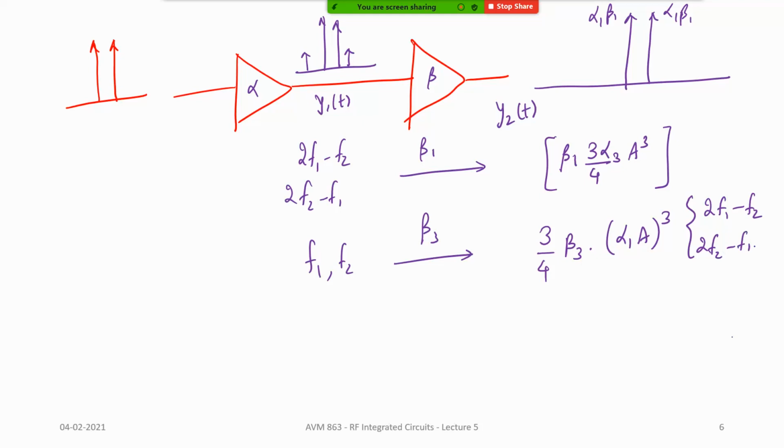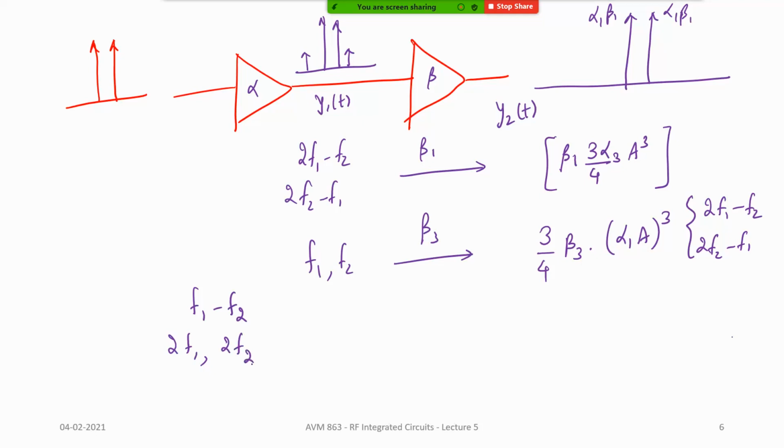Now, in addition to it, if the band pass filter is not very good, then you will have the F1 minus F2 terms and the 2F1 and 2F2 terms.